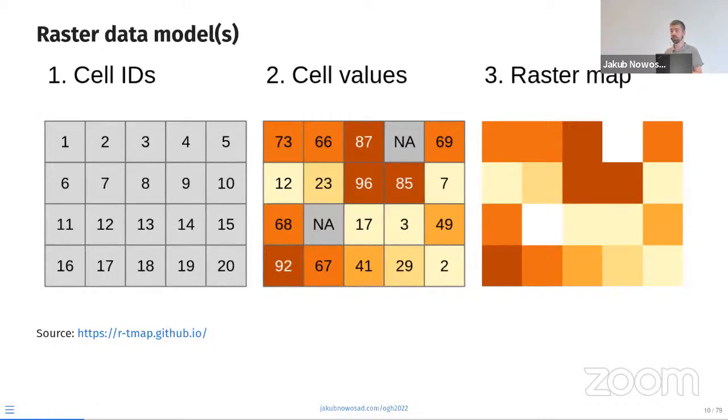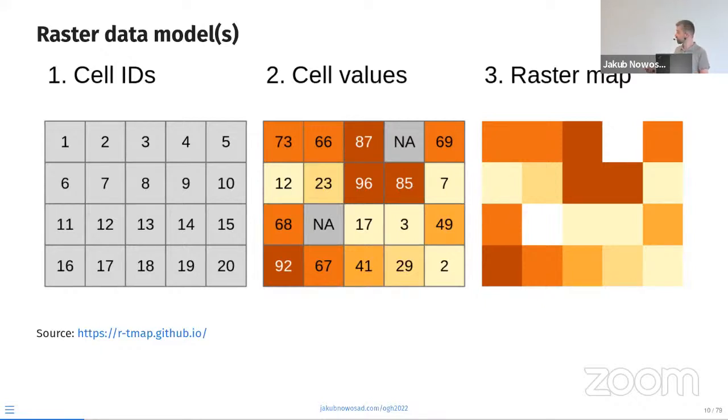With the raster data model, we are filling the whole space, the whole area that we are working on, with values. And in the basic model, the grid model, each cell has the same size, and each cell has at least one value. And that kind of values you can represent by a map, for example.